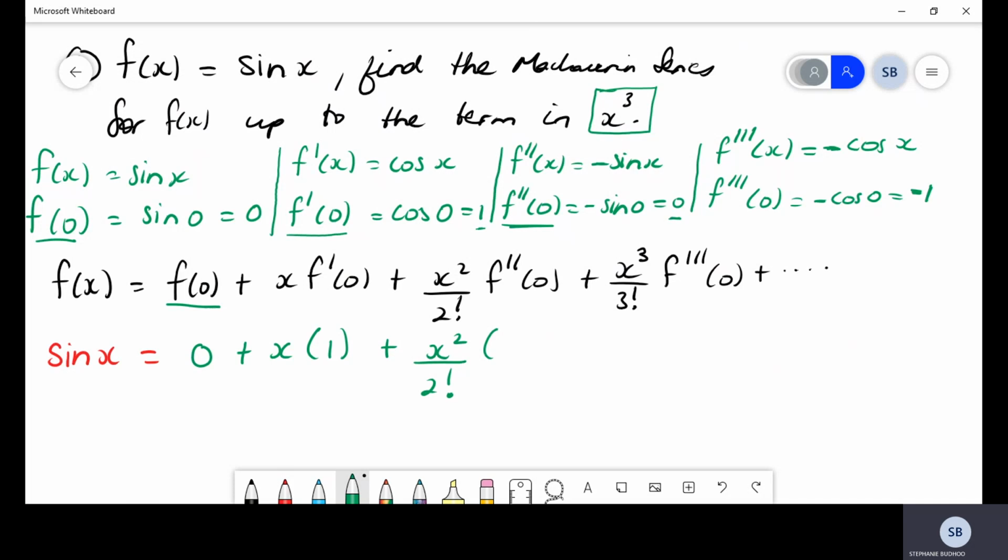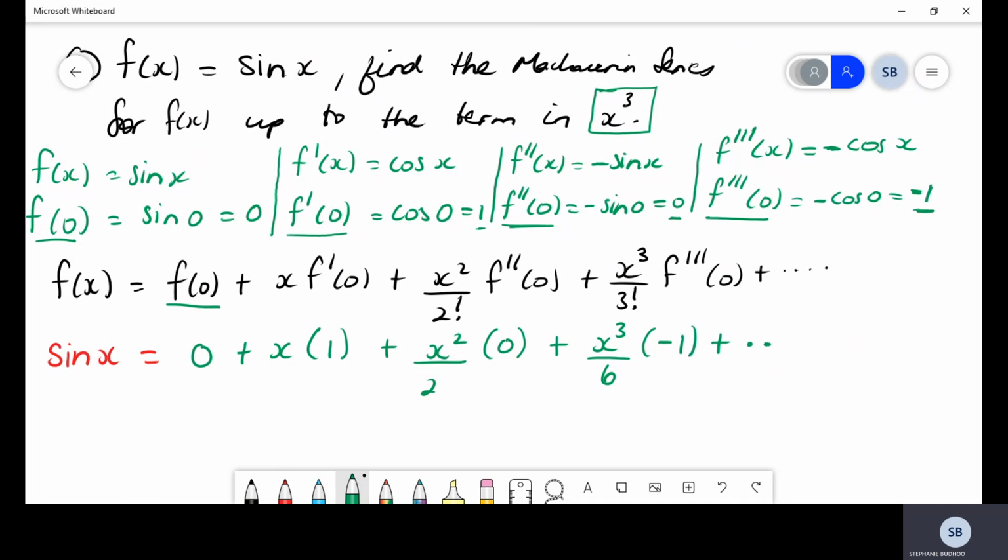So we are going to substitute that value of 0 in here. Plus, then we have x cubed on 3 factorial. You can plug this into your calculator, you'll get 6. Similarly, 2 factorial, you would get 2. And cleaning this up here, finally, the third derivative at 0, we're getting -1.